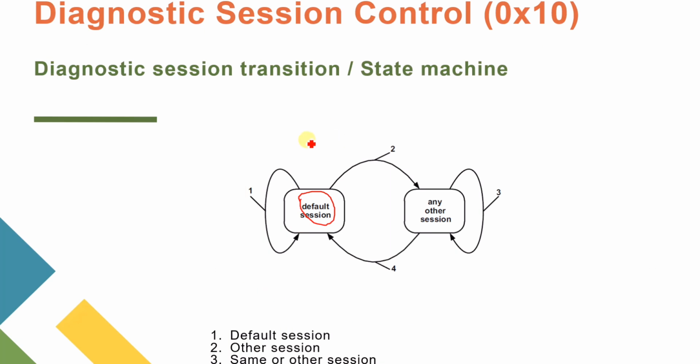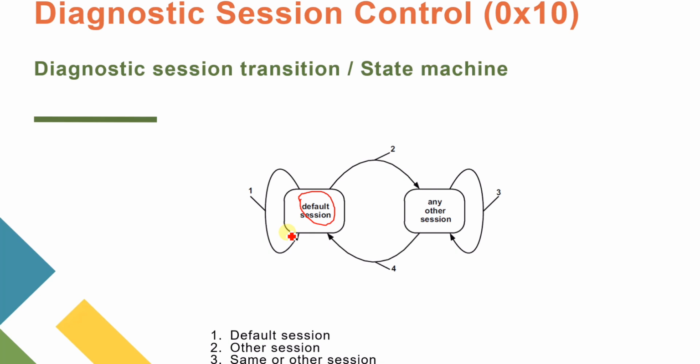If you see, this is the state machine. This picture tells us clearly what is happening. First is the default session, and it goes back to the default session. In the default session, the server shall reinitialize completely.